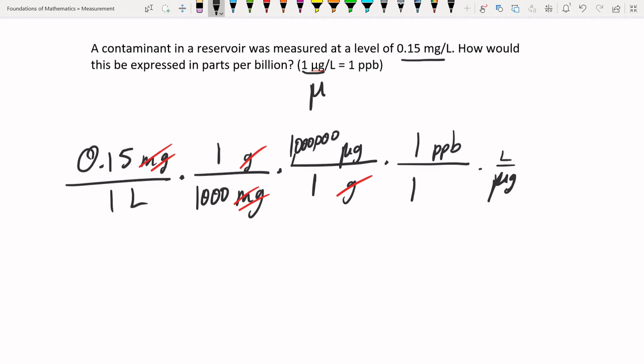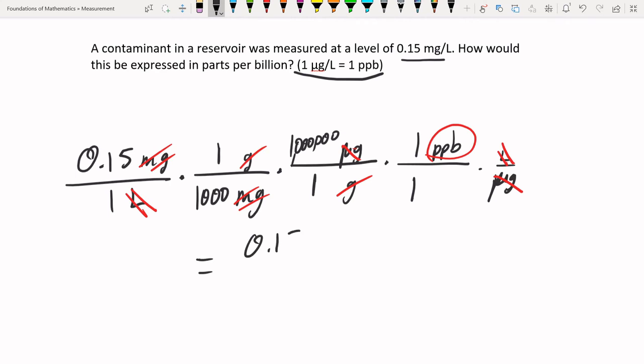And I'm just writing it this way so that you see that micrograms cancel and liters as well cancel. And what we're left with is parts per billion, which is what we want. Really, once you get micrograms per liter, 1 microgram per liter is 1 part per billion, so you can just change the units because they're directly the same thing. But I wanted to show you that in the unity fraction.